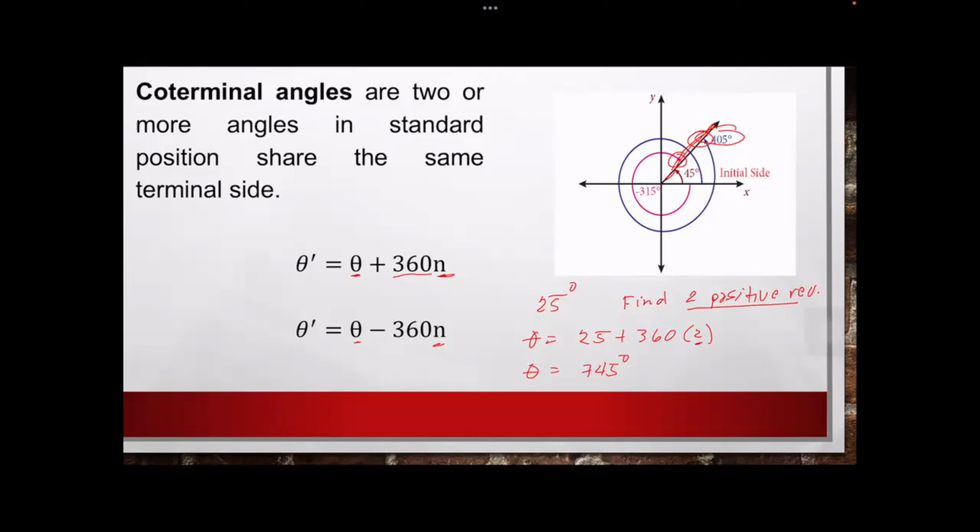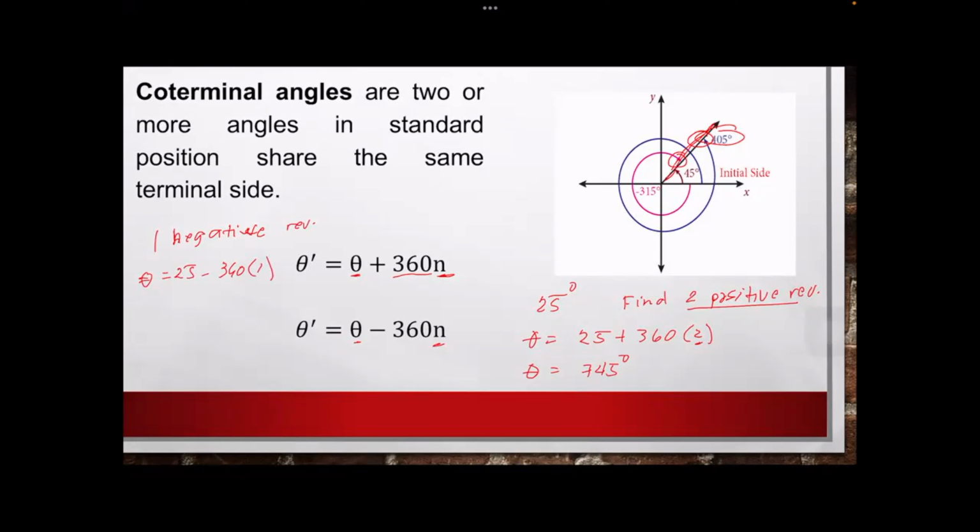The next is, kunwari 25 pa din, pero ang kukunin mo naman is 1 negative revolution. Magkakaroon ka ng theta is equal to 25 minus 360 times 1.